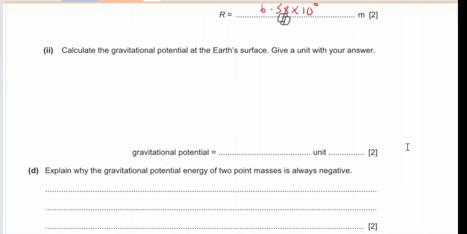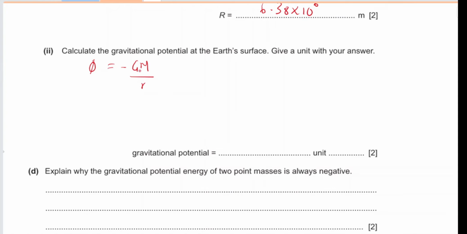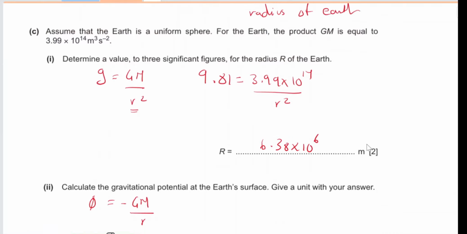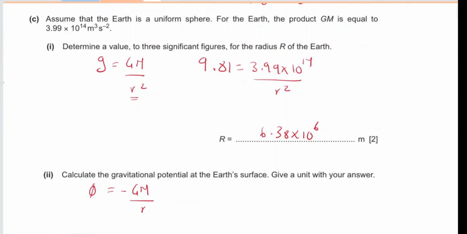The next question states, calculate the gravitational potential at the Earth's surface and give a unit with your answer. So gravitational potential, we can write this as phi. The formula for this is negative GM over r. Again, we have the product GM from the previous question, which was 3.99 times 10 to the power 14.